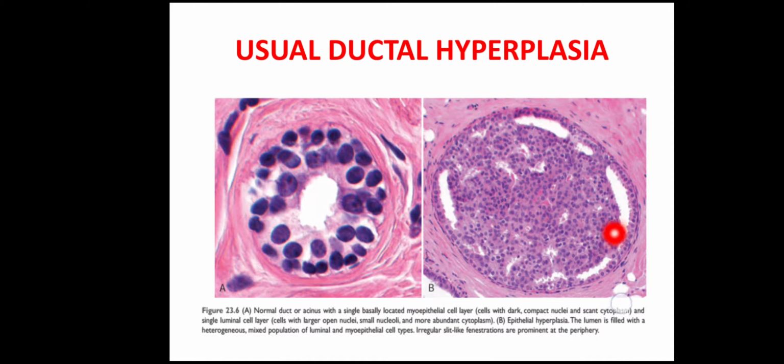Now in usual ductal hyperplasia, we can see that this whole duct is filled by the proliferation of the epithelial as well as the myoepithelial cells. Then there are certain spaces. These spaces are irregular, and they are also slit-like at the periphery of the duct. So this is the microscopic picture of usual ductal hyperplasia, and surrounding this you can see the stroma of the breast.